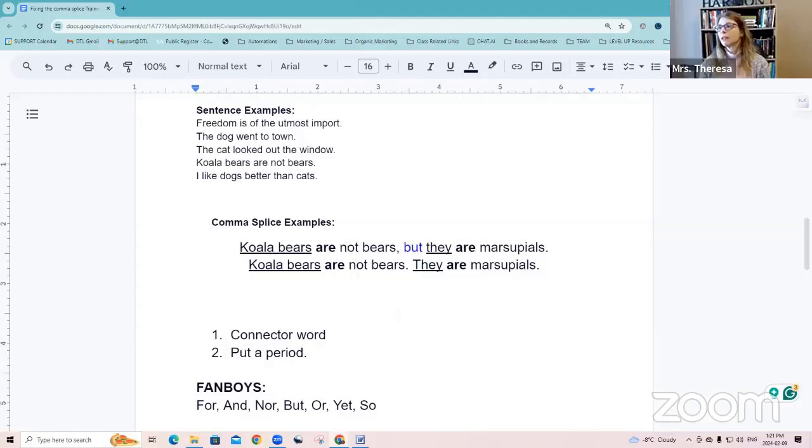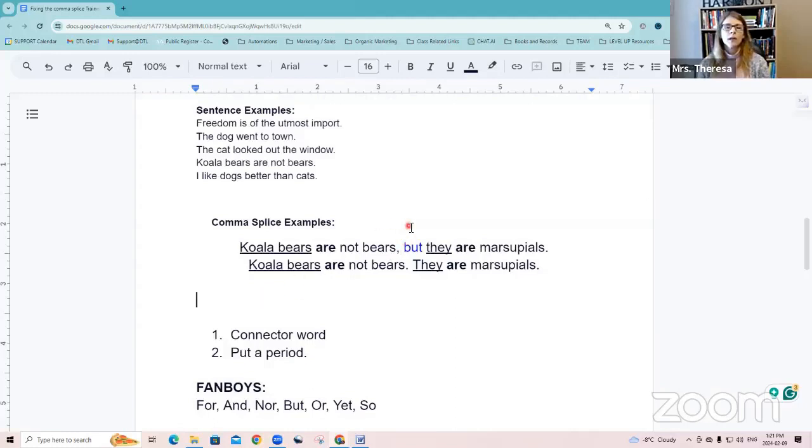Okay, we're going to try it again. Here we go, a different example. Trying to think of an example that we could use without but. Let me see if we can come up with one.